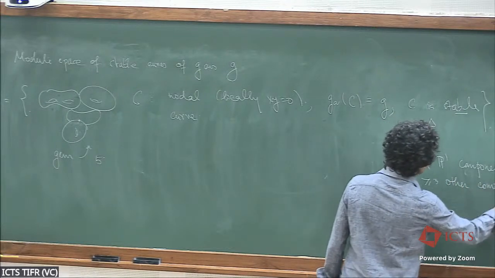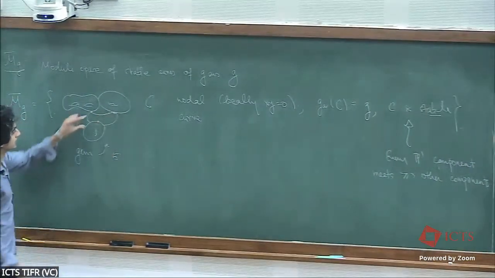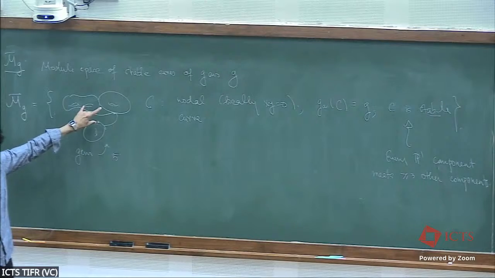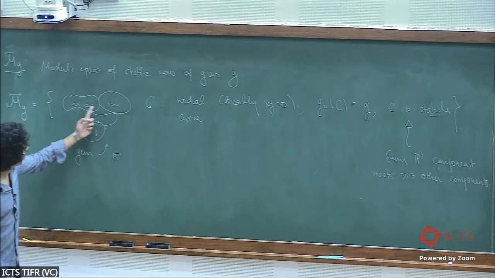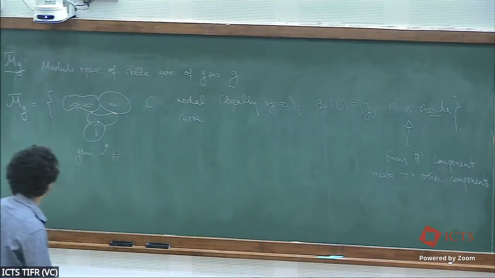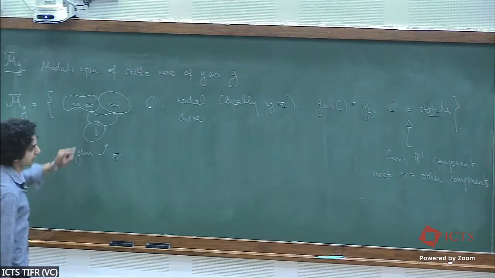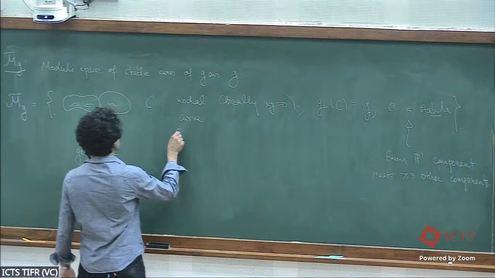Or in the lingo, you see that this is a P1 that I've drawn. Every P1 component has 3 distinguished points, 3 points that don't look like any other points, right? And so that has finitely many automorphisms because it kills the Mobius transformations on P1. Okay, technically I should say something about genus 1, but I think it's basically that. Maybe I say connected here.